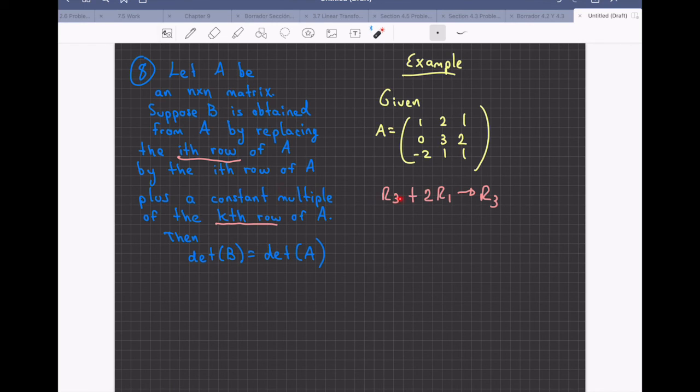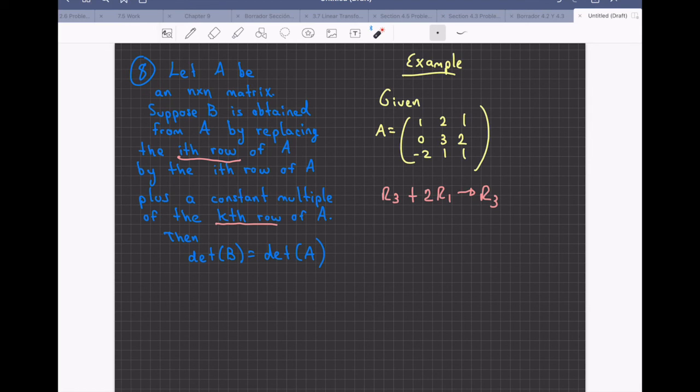I am adding to the row 3 another row, in this case the kth row, the row 1, times a constant. Row 3 plus twice another row, a constant, and I'm using this result to change row 3. If we do this operation on the matrix, the determinant should be the same according to this property.